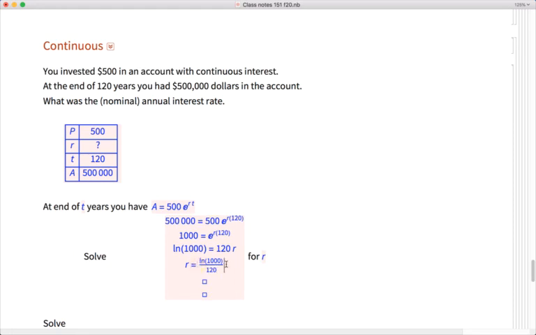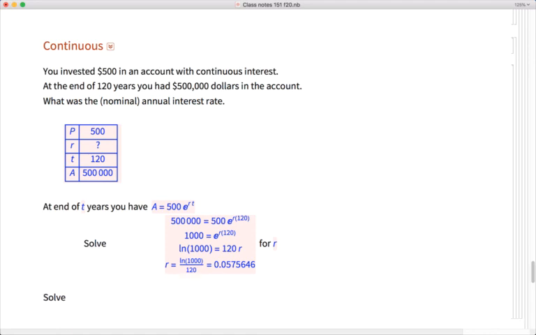And I'll try to get that as a decimal as well. So for my computer, log is actually natural log, so I am getting the correct answer there. So it's going to take roughly 6%.